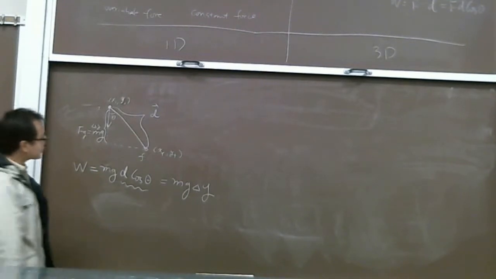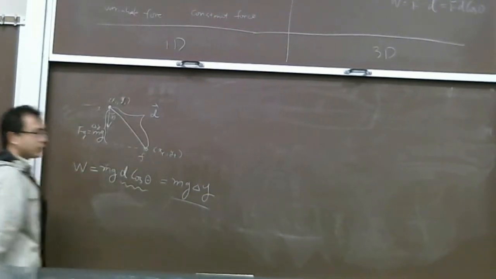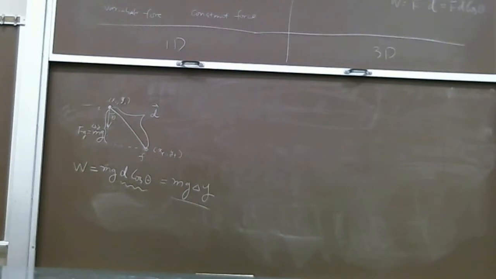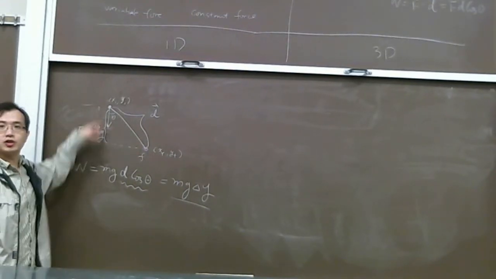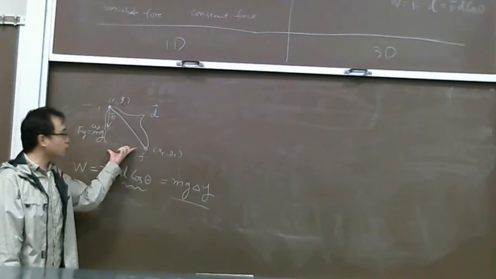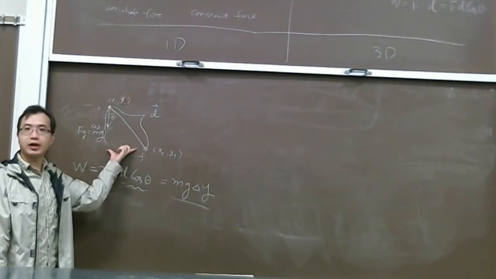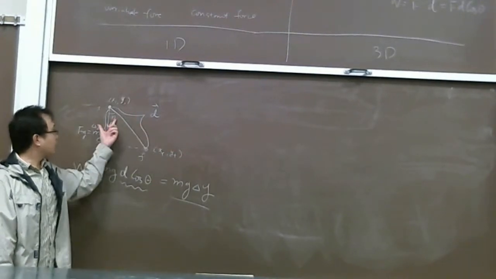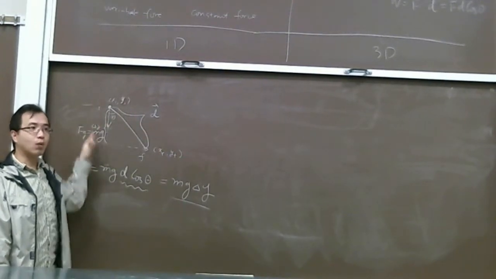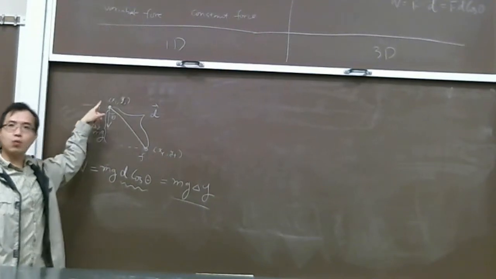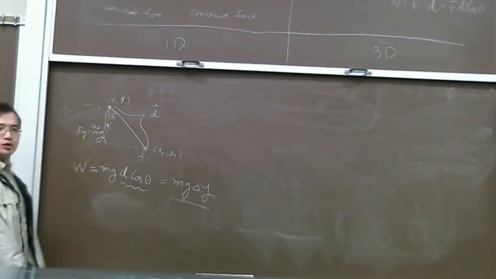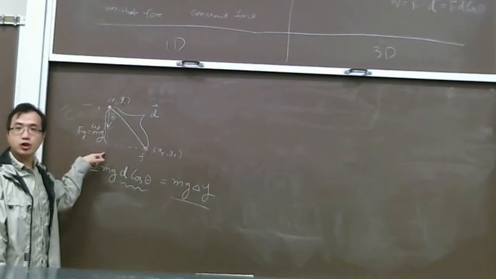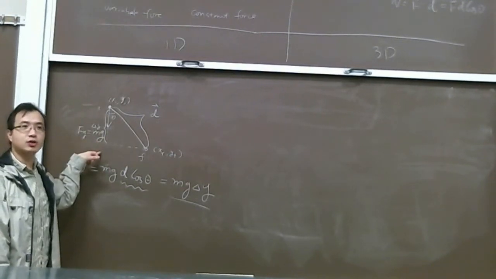So you can see that this value only depends on the vertical change delta y. It has nothing to do with delta x, okay? Because from the definition, d multiplied by cosine theta gives you delta y. So the work done by the gravitational force is only determined by the vertical change in position.